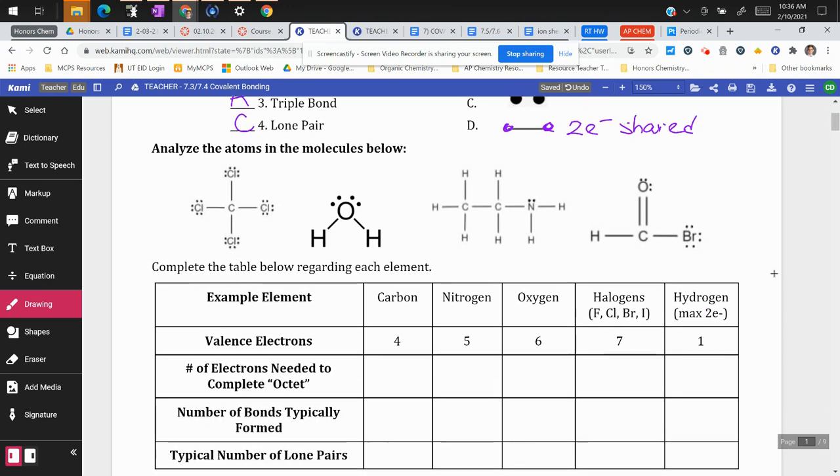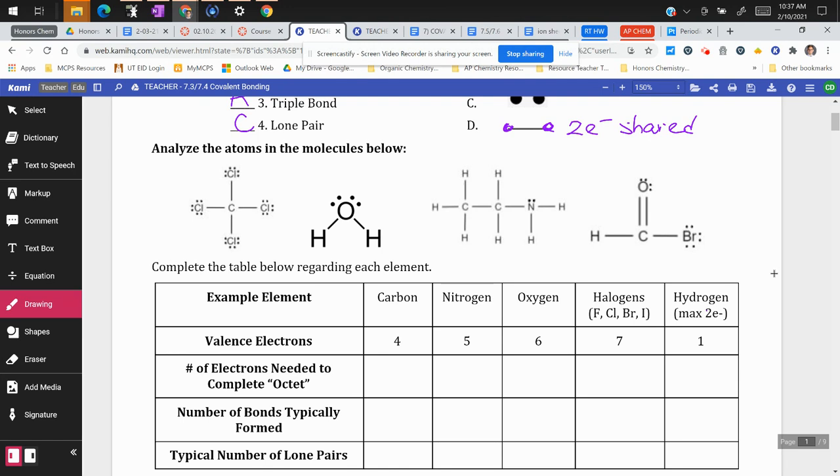The next thing we can look at is the relationship between the valence electrons and the number of bonds typically formed and the typical number of lone pairs. Before we do that, we need to apply what is called the octet rule. We know from ionic bonding that atoms will form ionic bonds by gaining or losing electrons so that they have a full valence shell, which is usually 8 electrons.